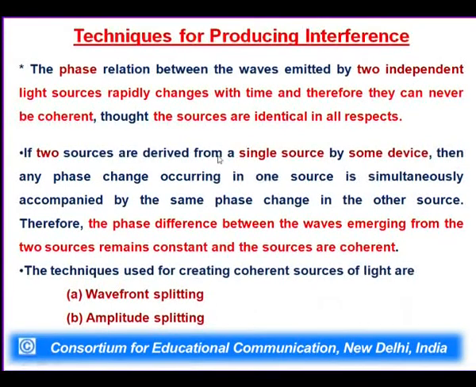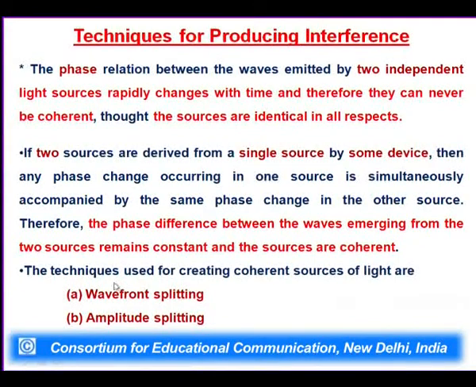The two sources are derived from a single source by some device, meaning we have a single source and divide it into two parts by using two slits. Then any phase change occurring in one source is simultaneously accompanied by the same phase change in the other source. Therefore, the phase difference between the waves emerging from the two sources remains constant and the sources are coherent. Coherence is the basic condition to get interference, and I already discussed that.